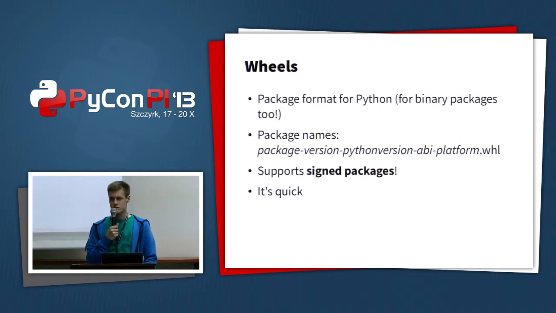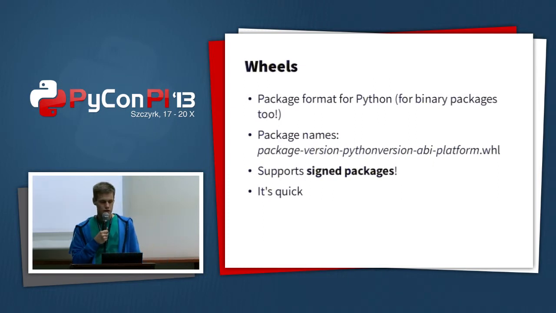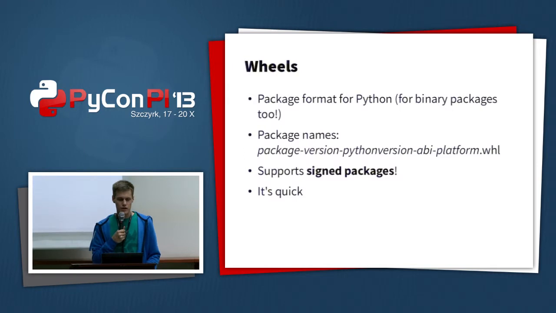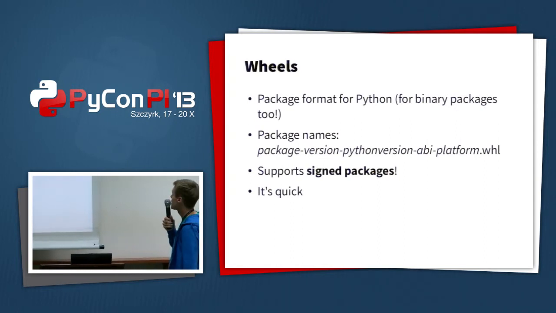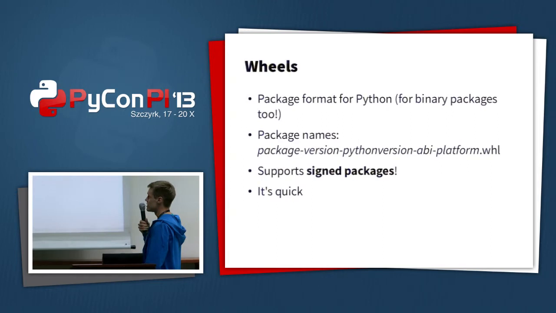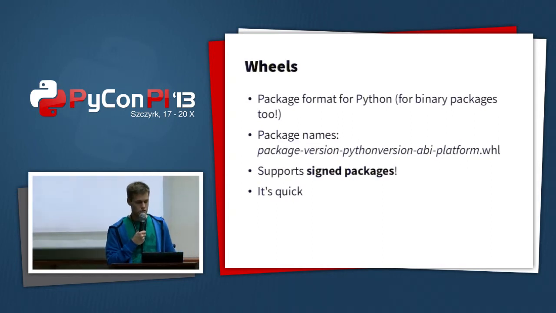If you would like to see this format, you can check out PEPs 345 and 376. What is really cool about wheels is that they have standardized names in this format: package, version, Python version, ABI, and platform. They can be signed, which is important for security reasons.